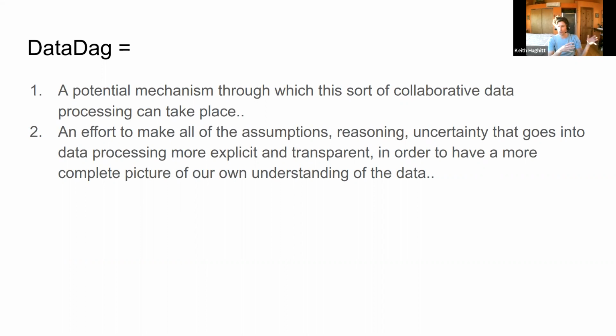You take this whole messy data processing flow and you distill it out and sweep a lot of the uncertainty under the rug and present this nice, clean linear story. That's our understanding. But I think as important, or maybe even more important sometimes, is it would be good to know just how much we don't know and how much uncertainty is going into this data processing flow, and just make it more obvious.